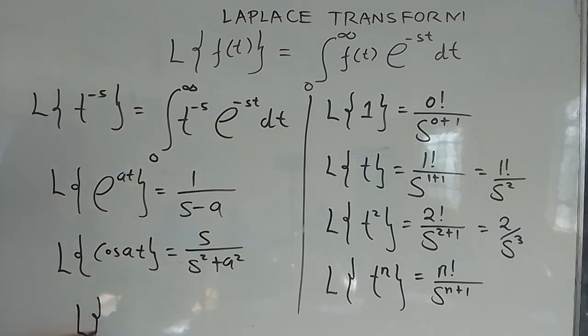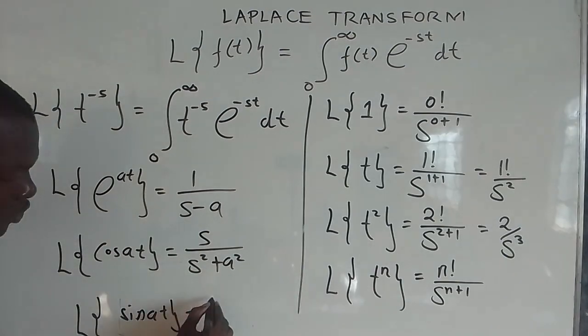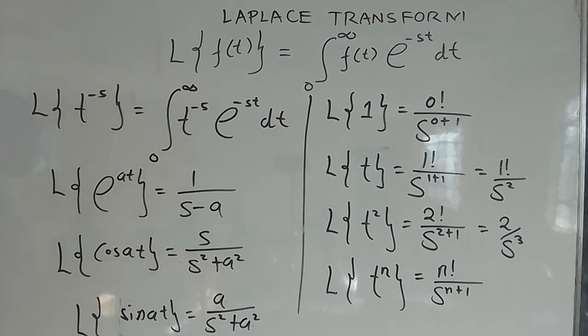So it means when you were looking for the Laplace transform of sin at, then the numerator was a constant. So it was now a over s squared plus a squared. For the cosine was using the quotient rule, isn't it? But for the sine, the numerator was a constant.